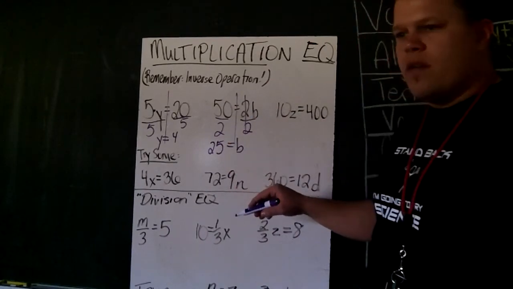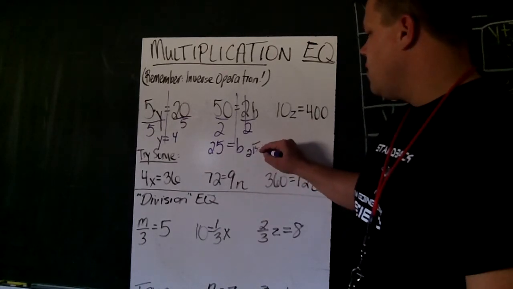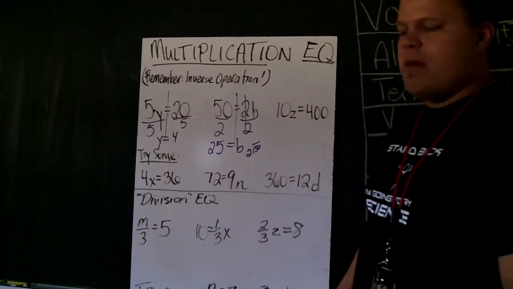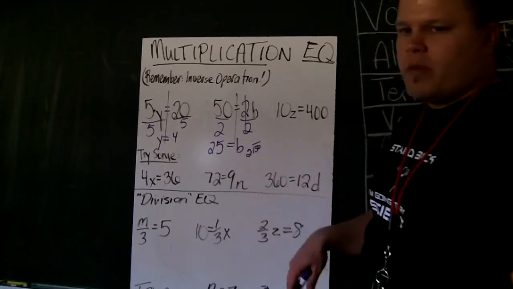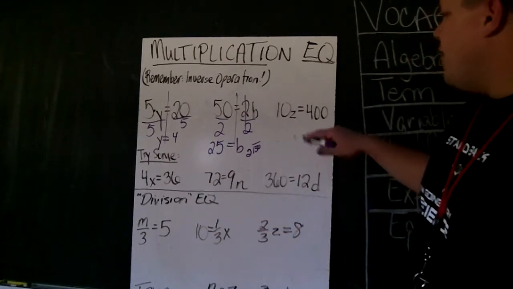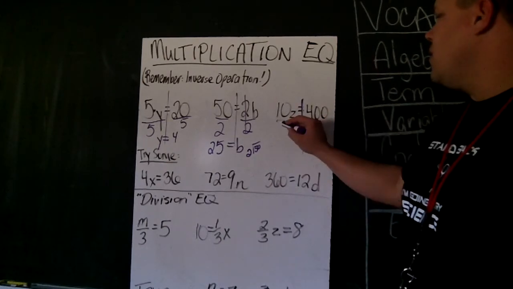Now, if you're not sure of the solution, you can always do your math work to the side. Do your T-bone math, and just show that maybe in the margin of the paper, and maybe not somewhere in the middle of the paper where it might get crowded up. I have 10z equals 400, and what's my coefficient? Basically, it's 10.